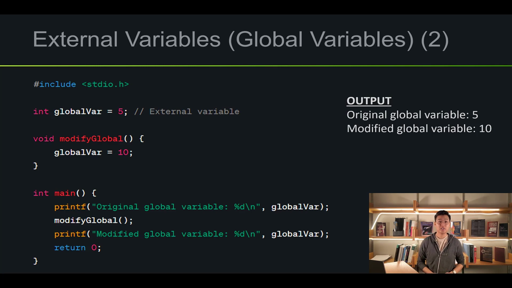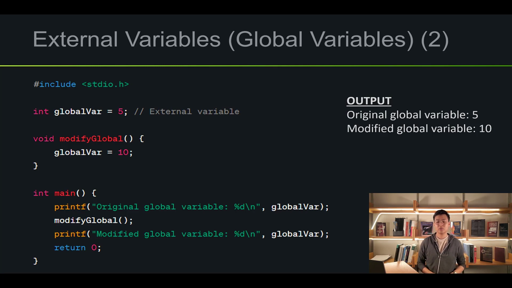On the screen, I created a global variable of integer type called global_var, and I set it equal to 5. I created a helper function called modifyGlobal, and this sets global_var to 10. If you look at the main function, there are two print statements, and I called the helper function in between.